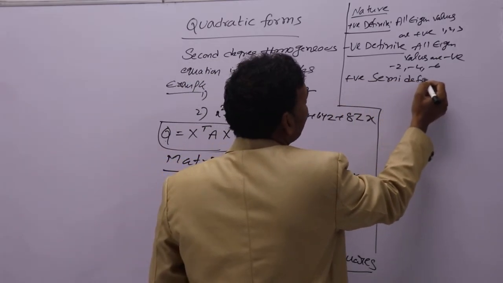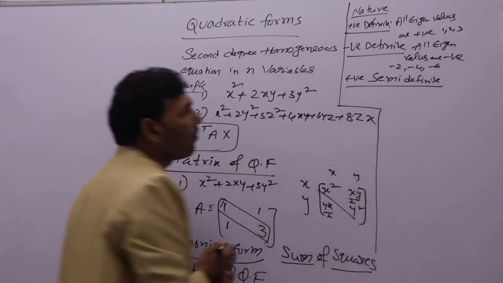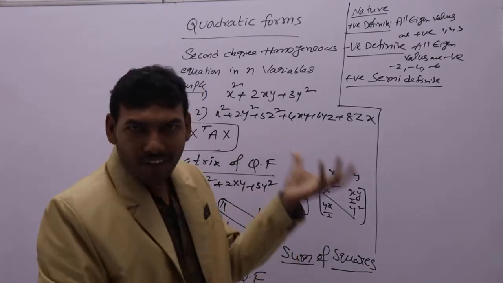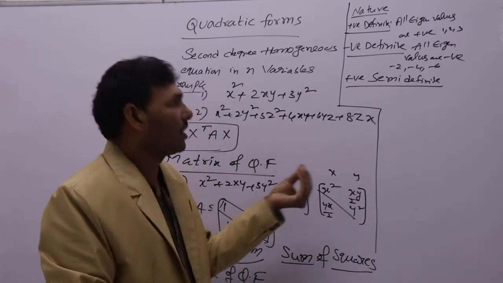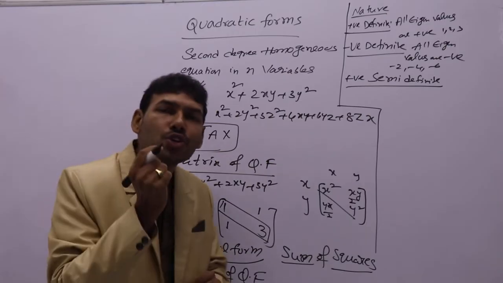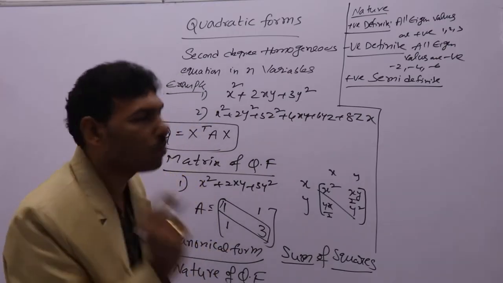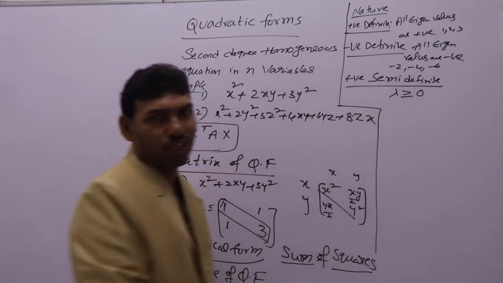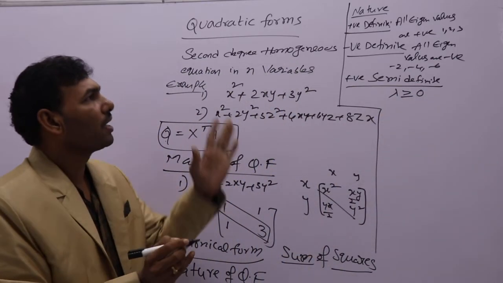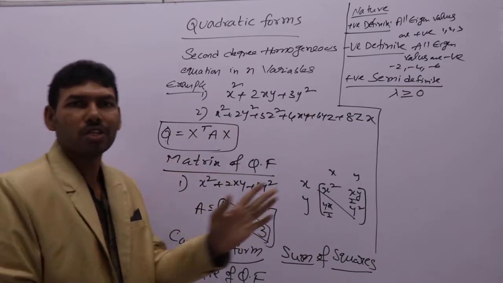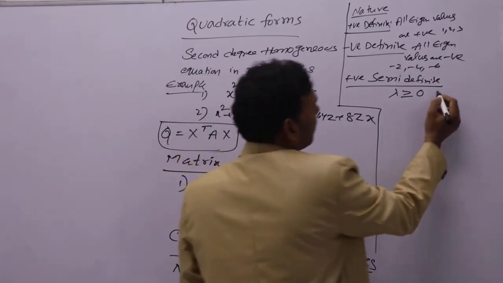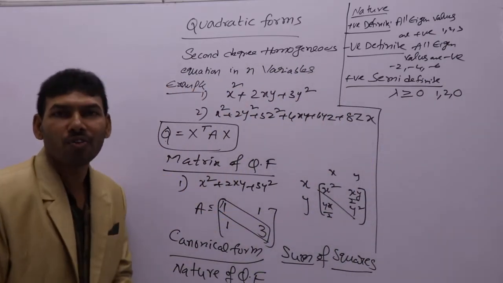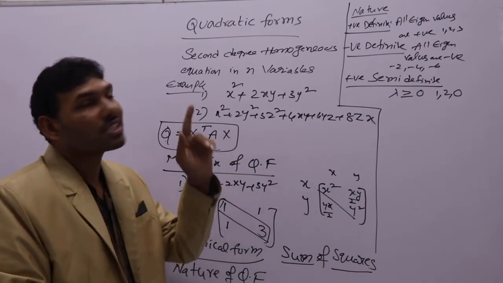We can say the nature of the given quadratic form is positive semi-definite if all eigenvalues are positive, and along with positive values, you should have at least one 0. That means eigenvalues should be like this, lambda greater than or equal to 0. If you have eigenvalues like this, then we say the nature of quadratic form is positive semi-definite.